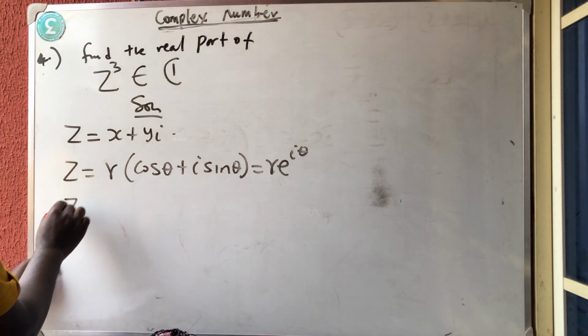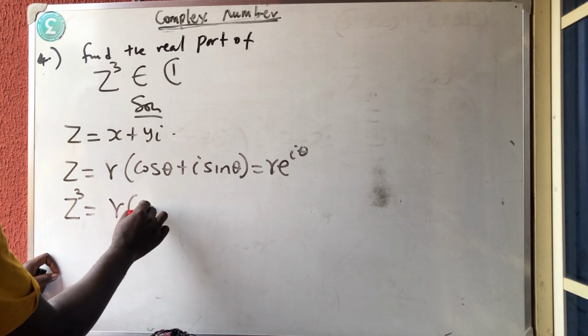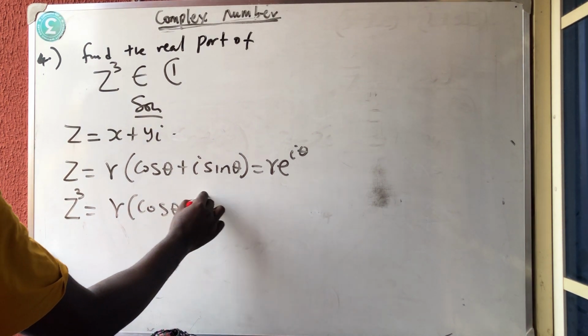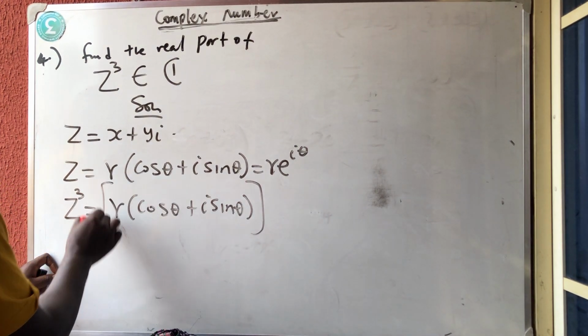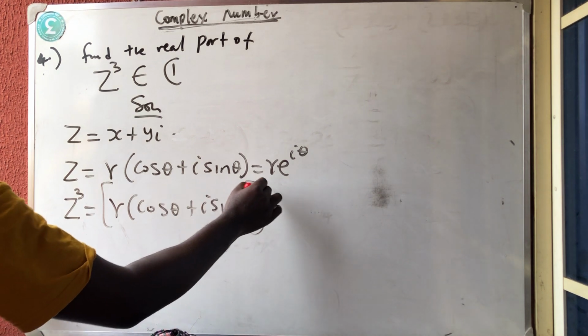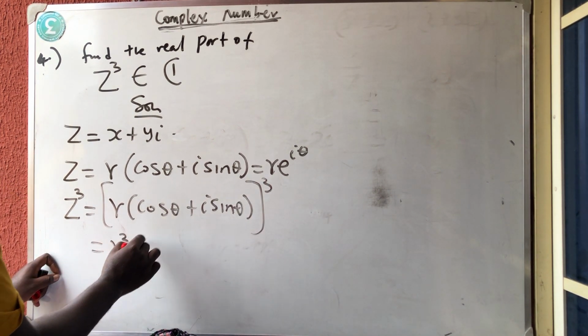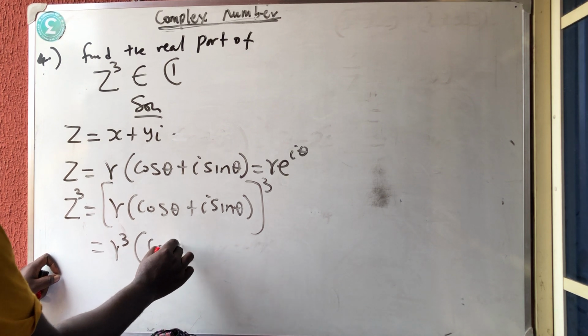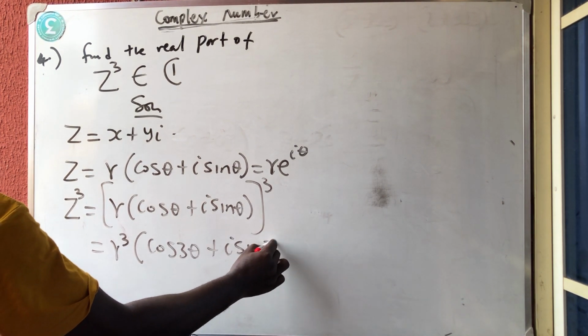But I want to use this. For instance, z raised to power 3 is equal to r bracket cos theta plus i sin theta, all raised to power 3. So if you clear, you have r raised to power 3 in bracket of cos 3 theta plus i sin 3 theta.